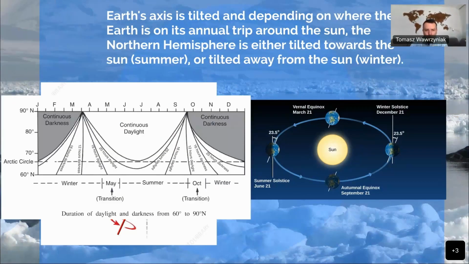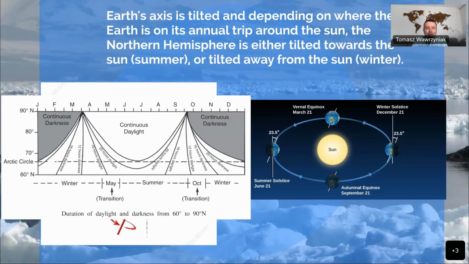At the North Pole and also South Pole, half of the year is polar night and half of the year is polar day. If you go from the Arctic Circle to the North Pole, the length of the polar day and polar night will be different.